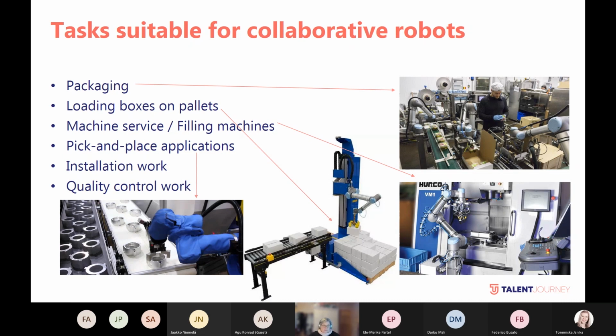We had this quite large project where we worked together with food industry SMEs. And in those places, they really have really small spaces where the robots could be working. And in those spaces, they can't use any traditional industrial robots. So these are a solution for SMEs. I'm sure of it.